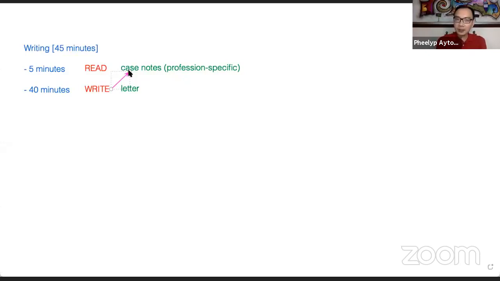Let's take a quick look at what your examiners in OET would be using, so that if we know what they're looking for, it will be easier for us to give it to them in case you decide to take the exam. What are the criteria in writing? For your information, there are quite a number of criteria. First is purpose.